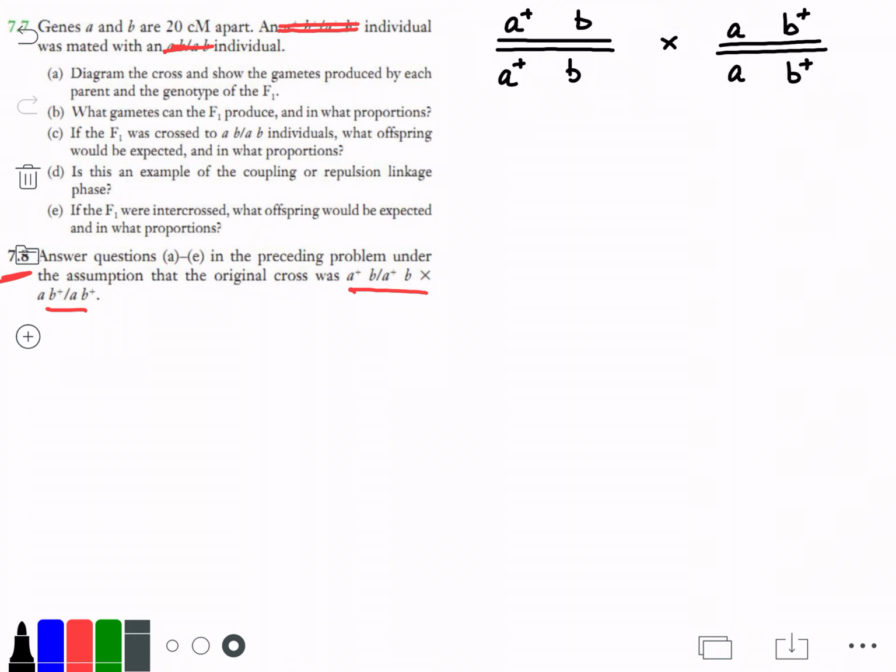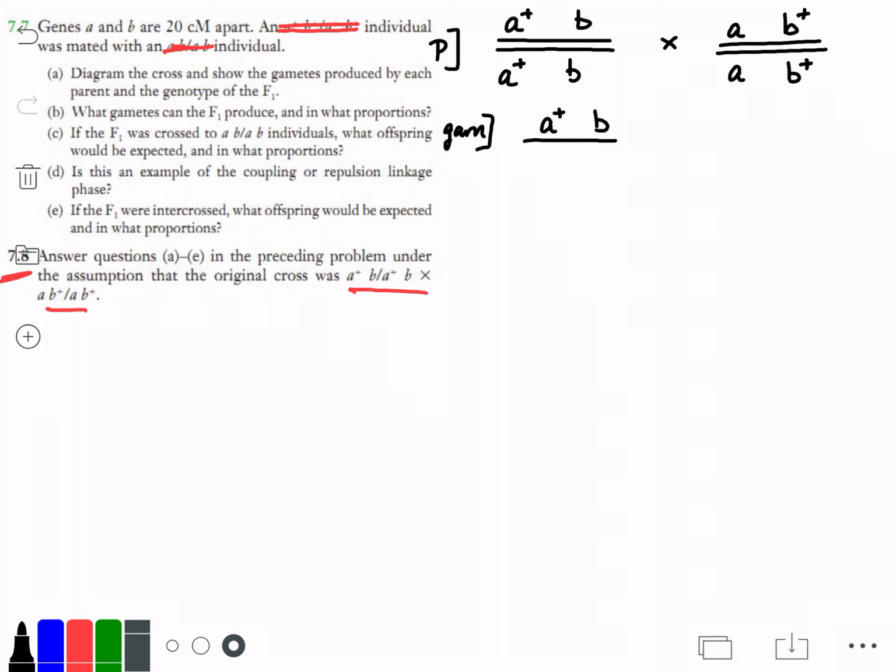The problem with that here is that the genes are linked, and so we need to consider where physically on the chromosome each one of these are. So these are the parents here for problem 7.8. Part A says diagram the cross and show the gametes produced by each parent and the genotype of the F1. So the parental gametes in this case, this parent can only give us the A plus allele and the B recessive allele.